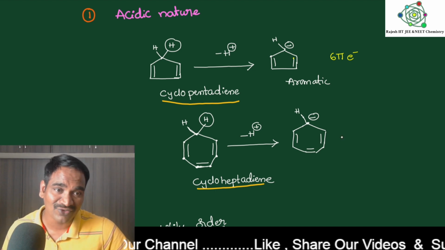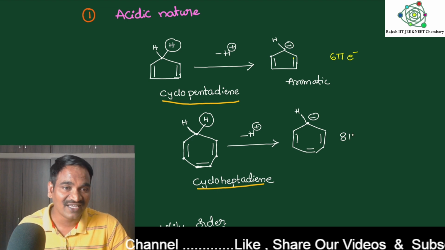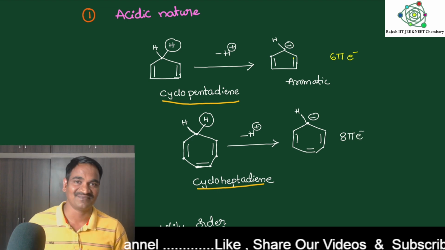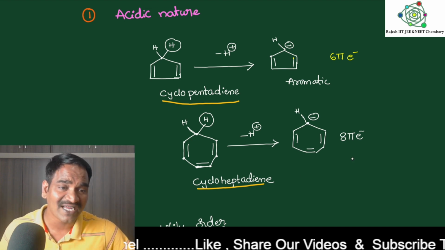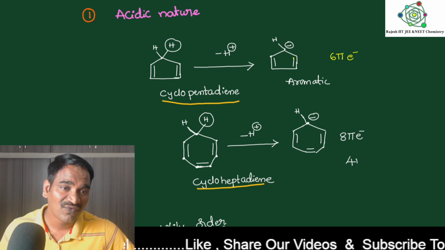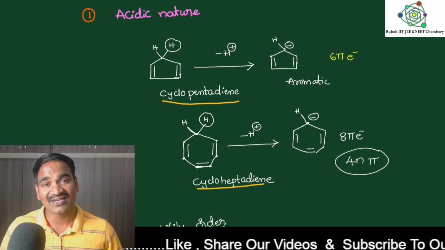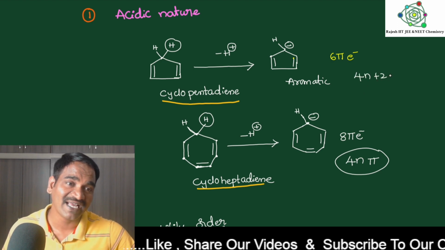So in total, how many delocalized electrons are there? 8 pi electrons in the conjugated system. Okay, so 8 pi electrons represents the 4n pi rule. And 6 electrons represents 4n plus 2 pi electrons.